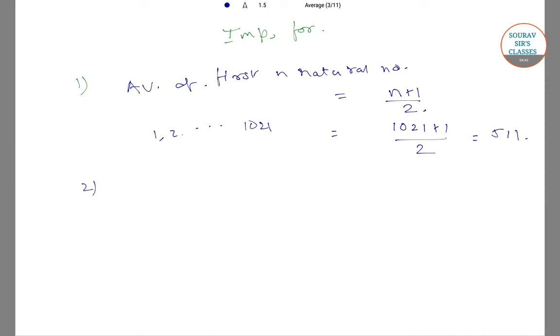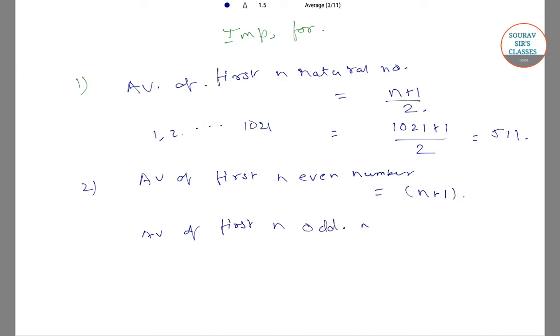Next is that the average of first n even numbers is given by n plus 1, and the average of first n odd numbers is given by n.